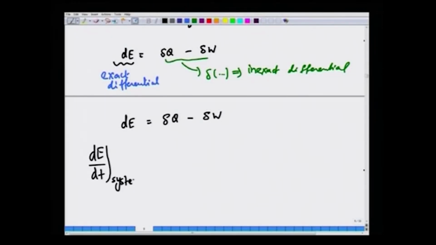So the rate of change of total energy of the system is equal to the rate at which heat is transferred to the system minus the rate at which work is done by the system.